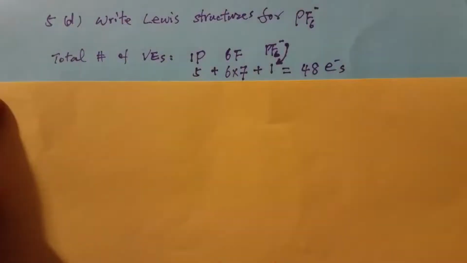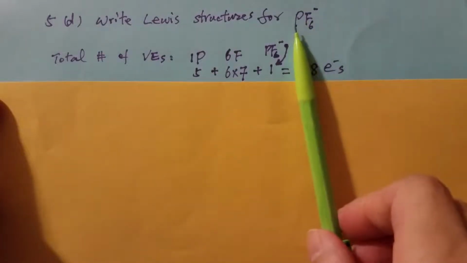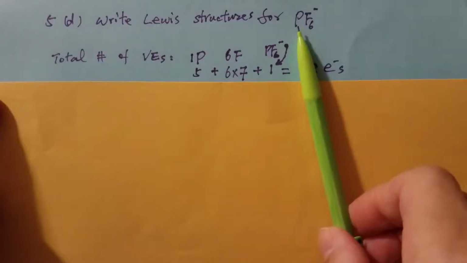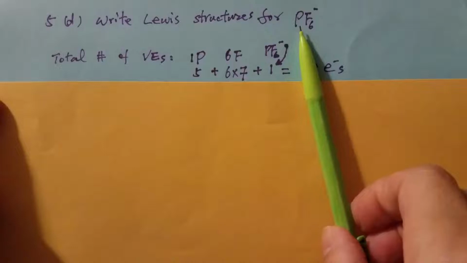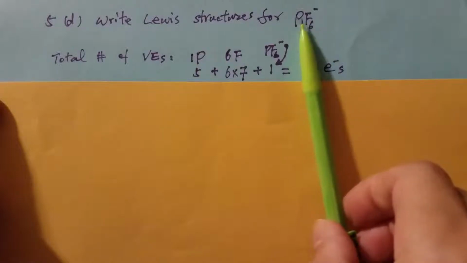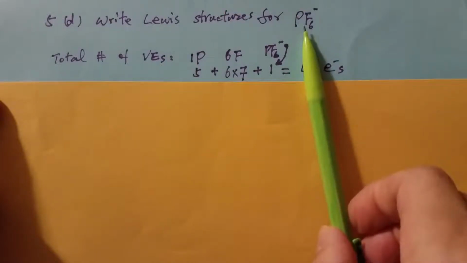valence electrons. So now let's take a closer look at the polyatomic ion. We have one phosphorus, obviously that should be the central atom, also it's less electronegative than fluorine. Then you have 6 fluorine. Obviously there's bonding between phosphorus and each of the 6 fluorides there.